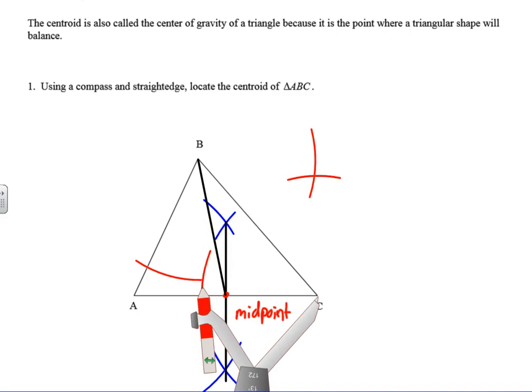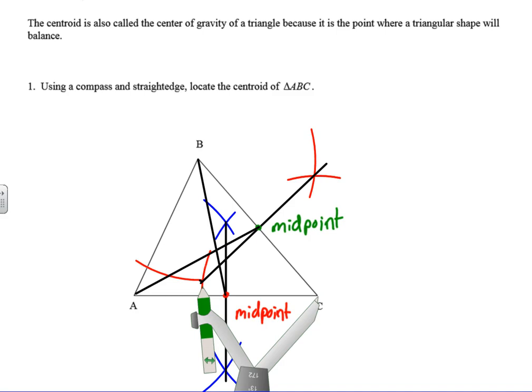Just enough to get that one. So now with your compass, we draw this, which gives us the midpoint. And again, the median is drawn from a vertex to the midpoint of the opposite side. So we have those there.